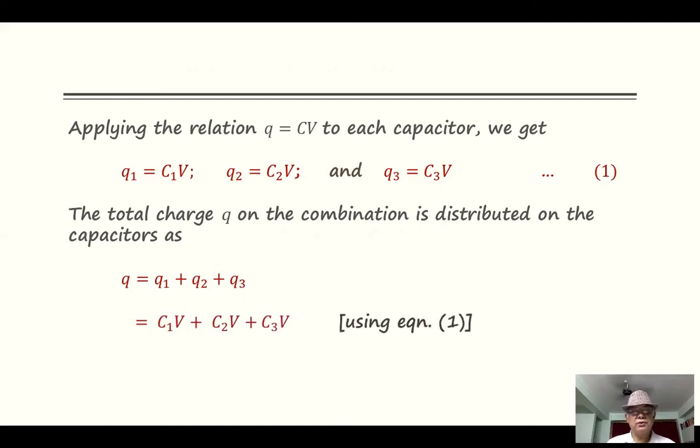Then using equation 1, Q equal to C1V plus C2V plus C3V, equal to bracket start C1 plus C2 plus C3 bracket close into V. This is equation 2.